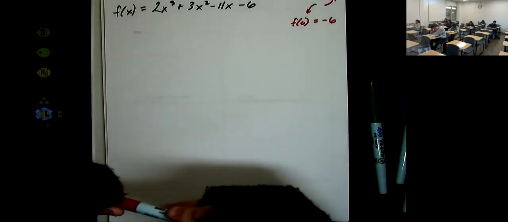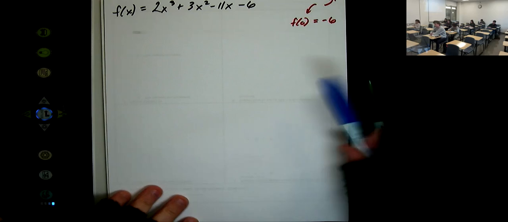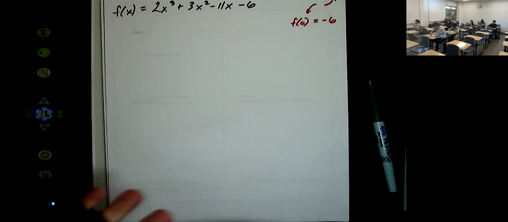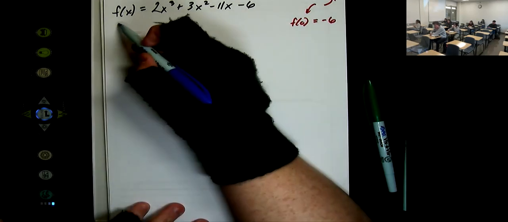The rest is where we kicked it up a notch. How do I find the other zeros? This was all that P over Q stuff.